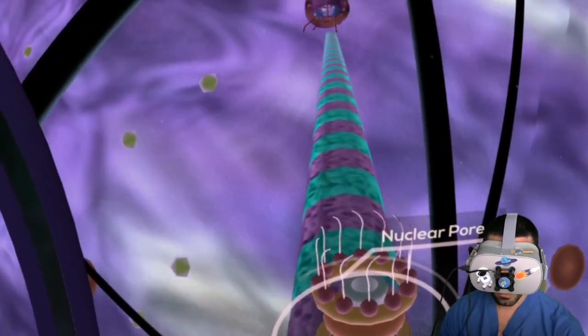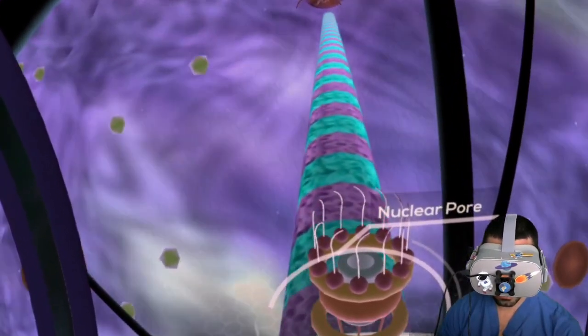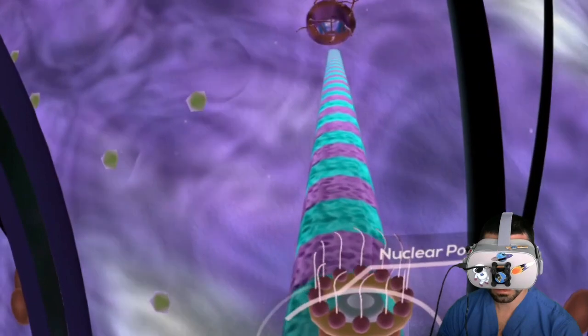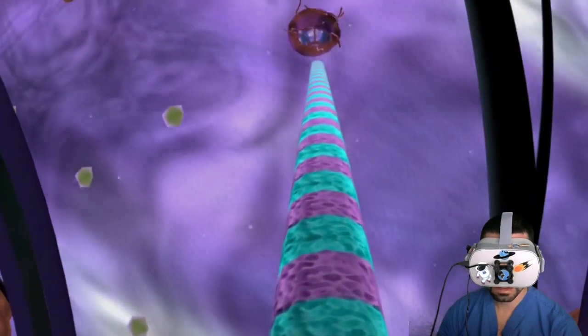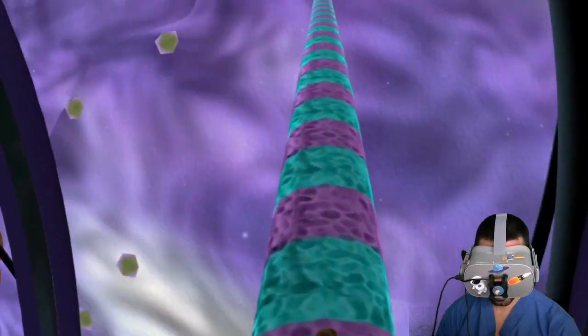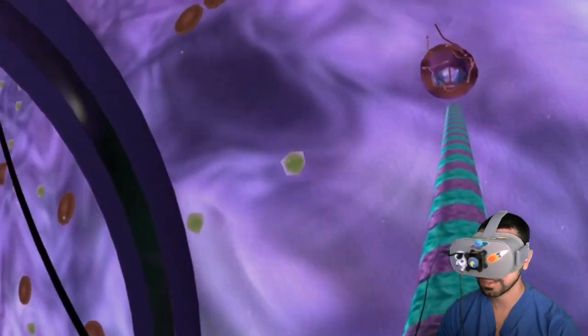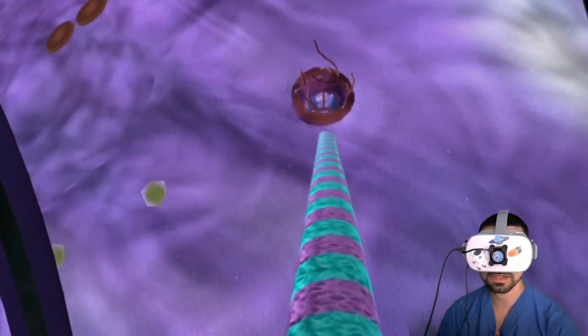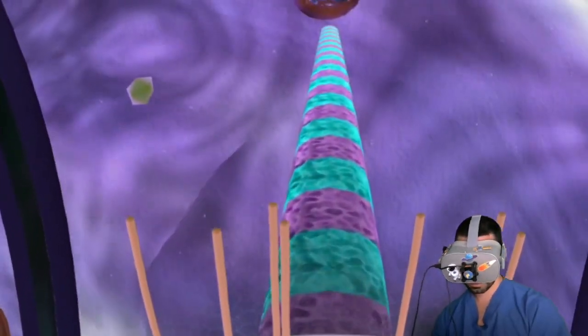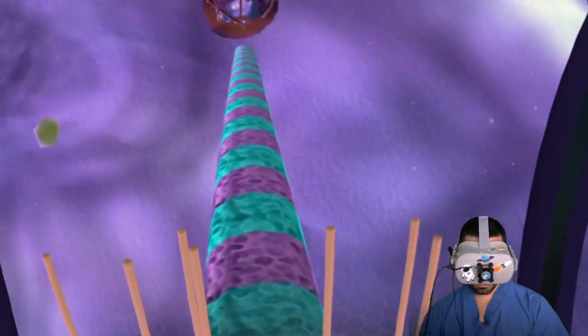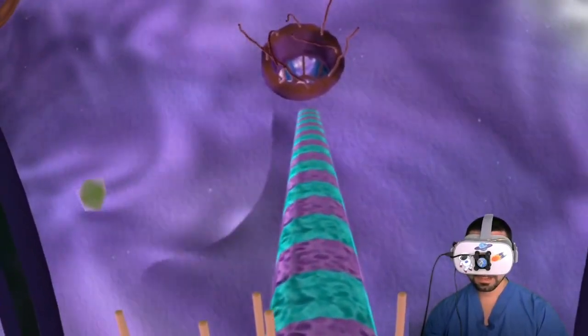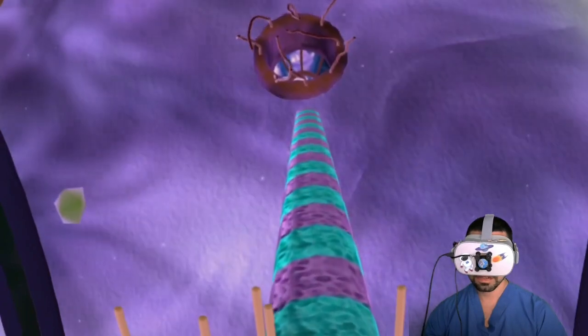This is the nuclear pore. This is like the gate we're going to use to get inside the nucleus. Remember, we're in the cytoplasm right now, going to the nucleus. There are protein filaments located around the edge of the pores.